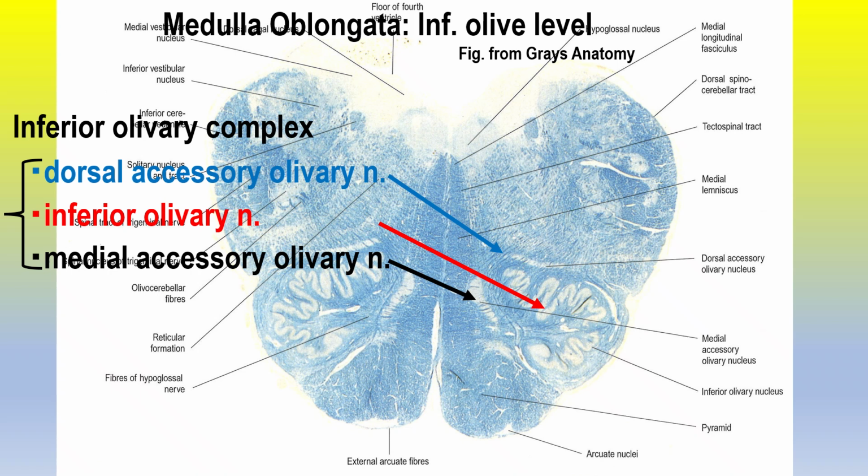One is the largest principal or inferior olivocerebellar nucleus, which presents a complex, convoluted structure. Second is the smaller dorsal accessory olivocerebellar nucleus, and the third is the smaller medial accessory olivocerebellar nucleus.